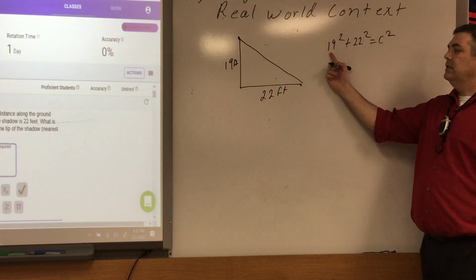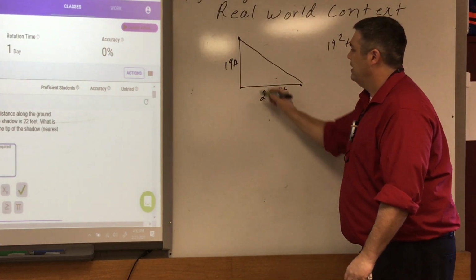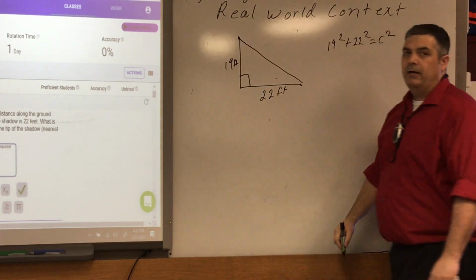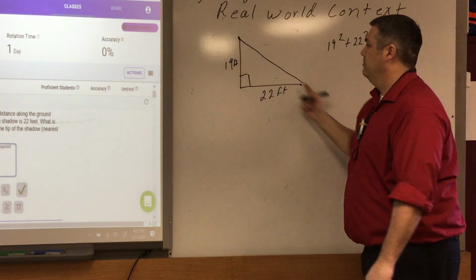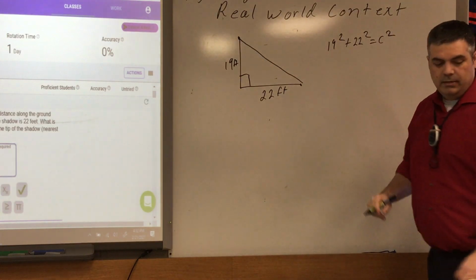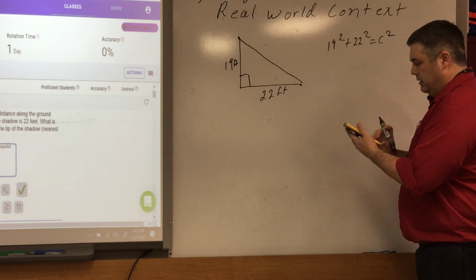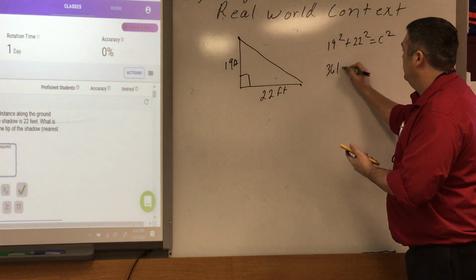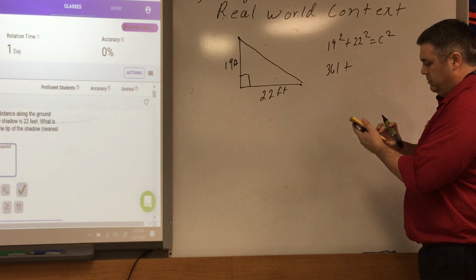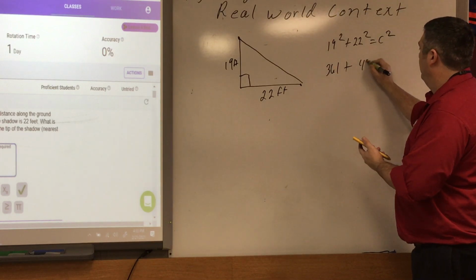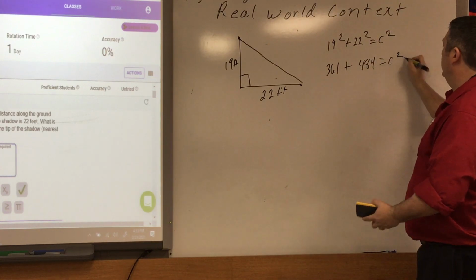Now, I know that this is a leg, this is a leg, because right here is my right angle. Here is my hypotenuse. Okay? Now I'm just going to do this. 19 squared, 361, plus 484 equals c squared.